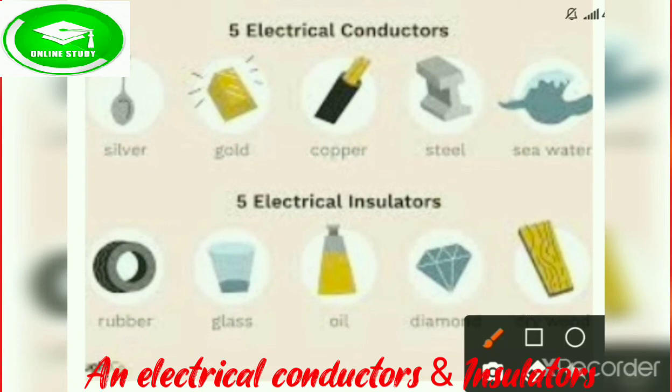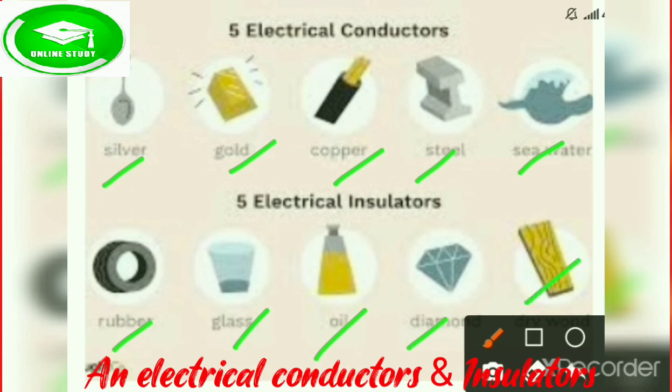Let us understand electrical conductors. These are silver, gold, copper, steel and seawater. Whereas electrical insulators are rubber, glass, foil, diamond and dry wood. And also, children, an electrician uses rubber gloves while working to avoid an electric shock.